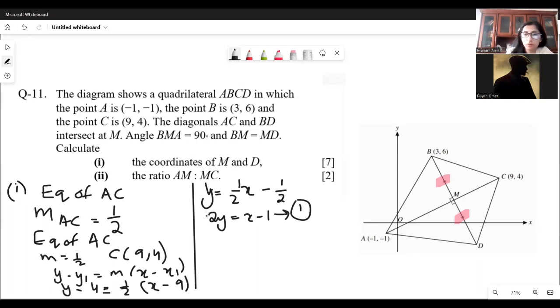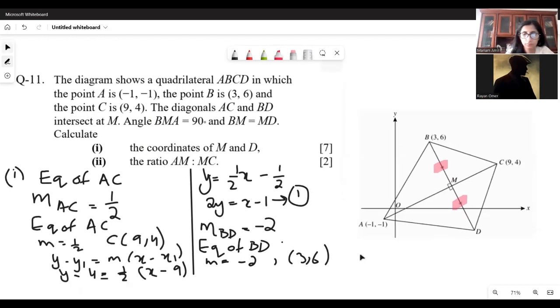Okay, now give me the slope of BD. Miss, that would be negative 2. Yes, negative 2. Now give me the equation of BD. Miss, y is equal to minus 2x plus 12.